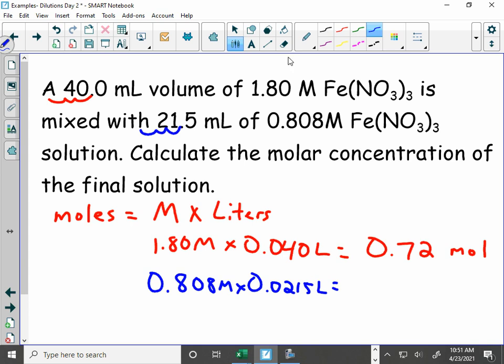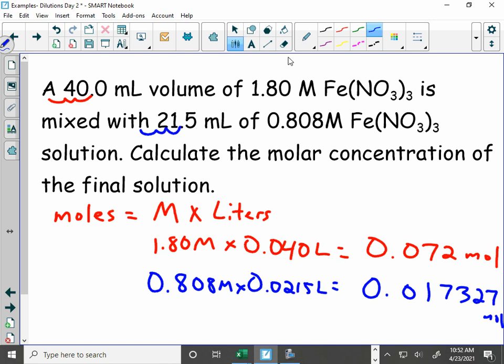And when I did that, I came up with a value of... This is wrong. I've got to go back. I forgot to put a 0 in there. 0.072 mole. My bad. 0.017327 moles.